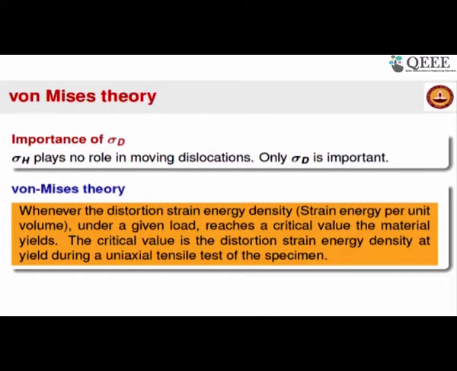Okay. So what I wanted to say here is also that the hydrostatic stress plays no role in moving the dislocation. Only sigma d, the deviatoric component, which causes a change in shape, causes this dislocation to move. So that brings us to the von Mises theory, and I have given the statement there. It's a very, very important theory for ductile materials.